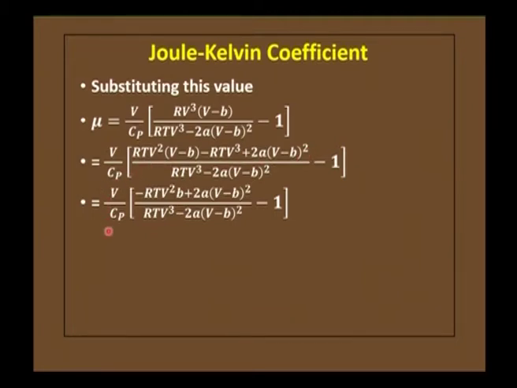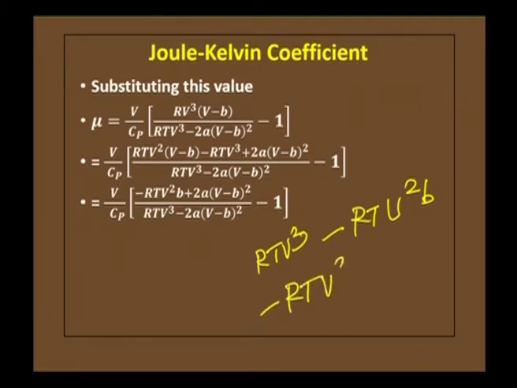Therefore, V by Cp is equal to, if you do once again the simplification, RT V cube minus RT V squared B minus RT V power 3 plus 2A into V minus B the whole square.